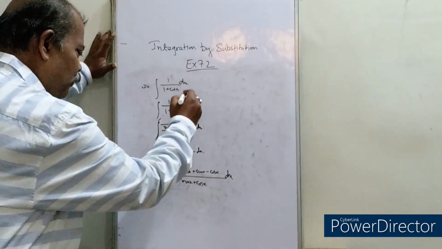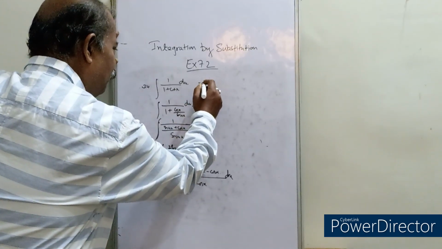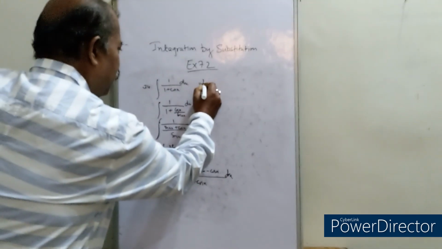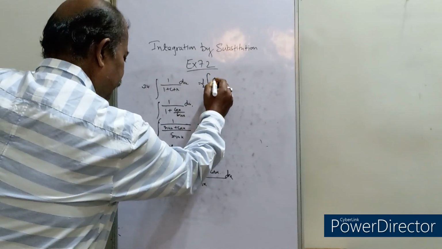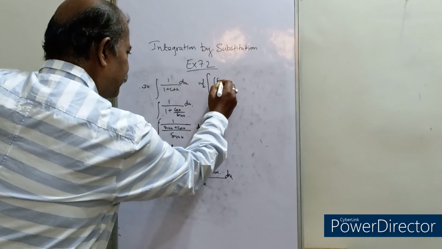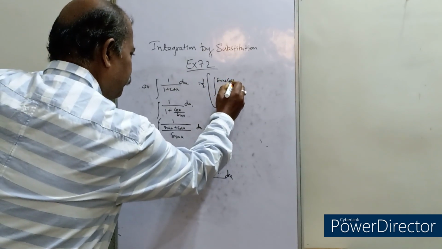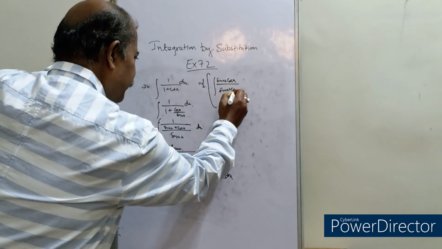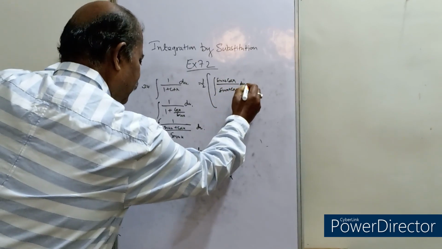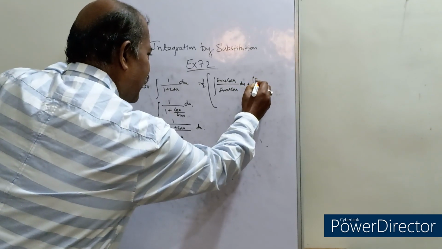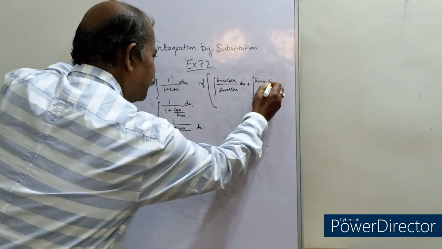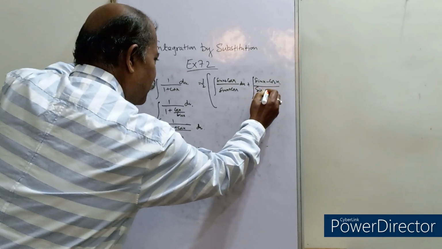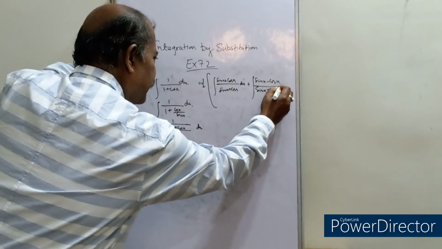So I am going to divide the numerator into 2 parts, that is 1 by 2. First part is integration of sin x plus cos x by sin x plus cos x dx, and the other part is sin x minus cos x by sin x plus cos x dx.